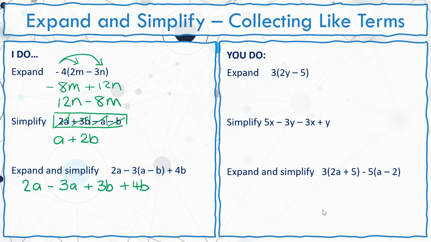Now we've got our 4 components, we can collect the things which are the same. So, by putting it into a grid and taking the 4 components with the signs in front, we've got 2a, take away 3a, which would be minus a, and then 3b add 4b, which will give us a positive 7b.